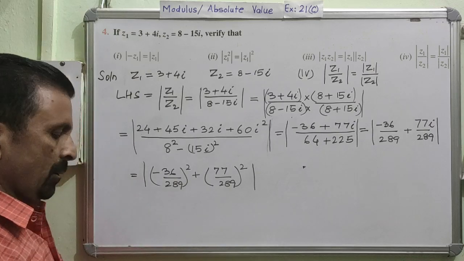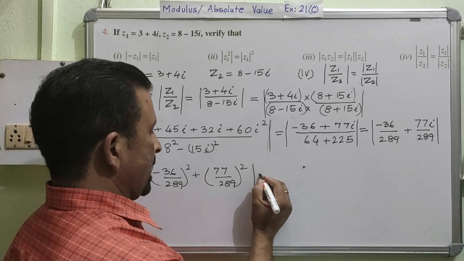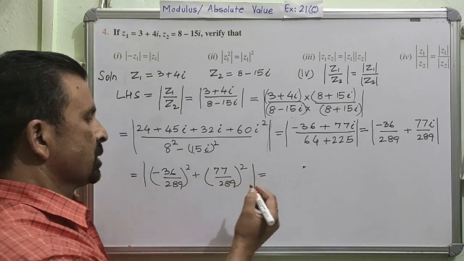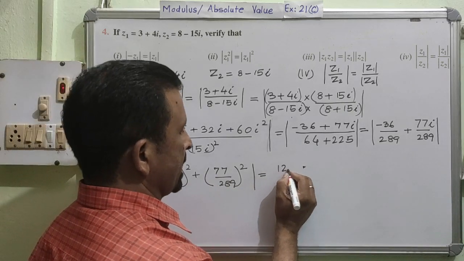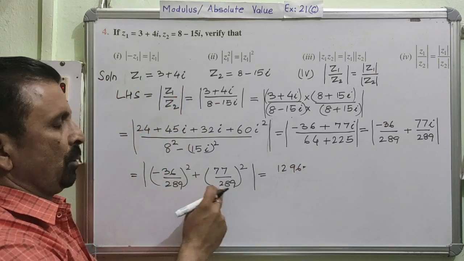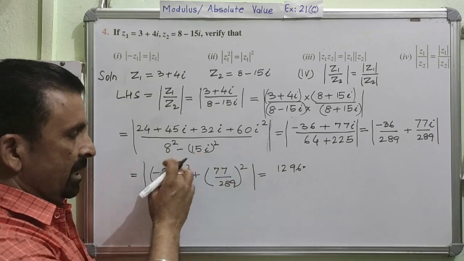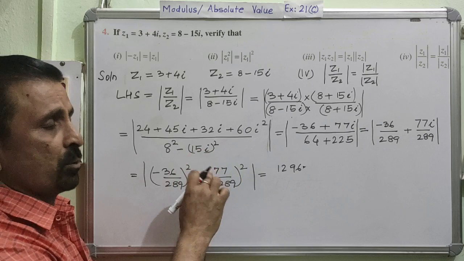Now this 36 squared, when we calculate, we will get 1296, positive 1296, and then this is 289. Both the numbers have the same denominator, so we will keep this common denominator. In the same step, we are going to make these two fractions into one also.